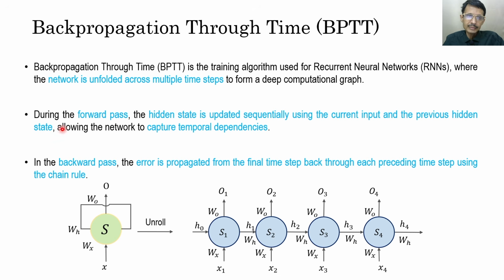So what we have seen is that during the forward pass, the hidden state is updated sequentially using the current input and the previous hidden state.